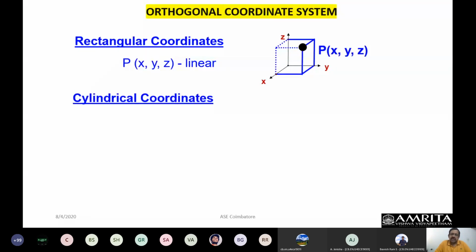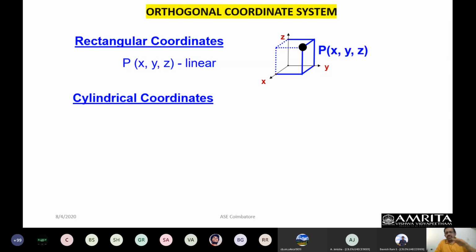The other coordinate, how do I do it? There is also the length of the cylinder, which can also be taken, and which is also linear. So we see two quantities. Now imagine a circle, and if I go around the circle, what is the total angle I cover? 360 degrees.